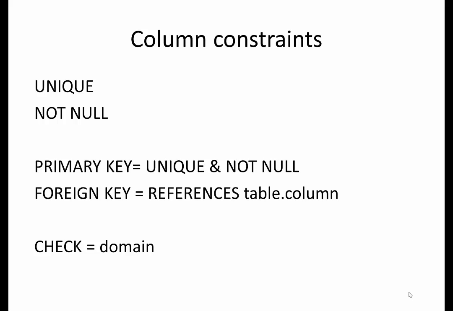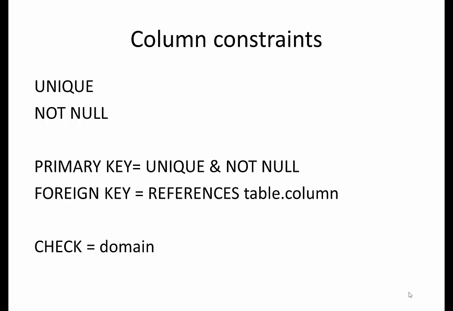The other one is not null. Not null simply says exactly what it says on the tin. You can't put null values in a column. A primary key is a combination of unique and not null constraints. That's how a primary key is implemented. In Postgres, there is a function just to implement a primary key, but you could create a primary key by creating a not null and then a unique constraint.